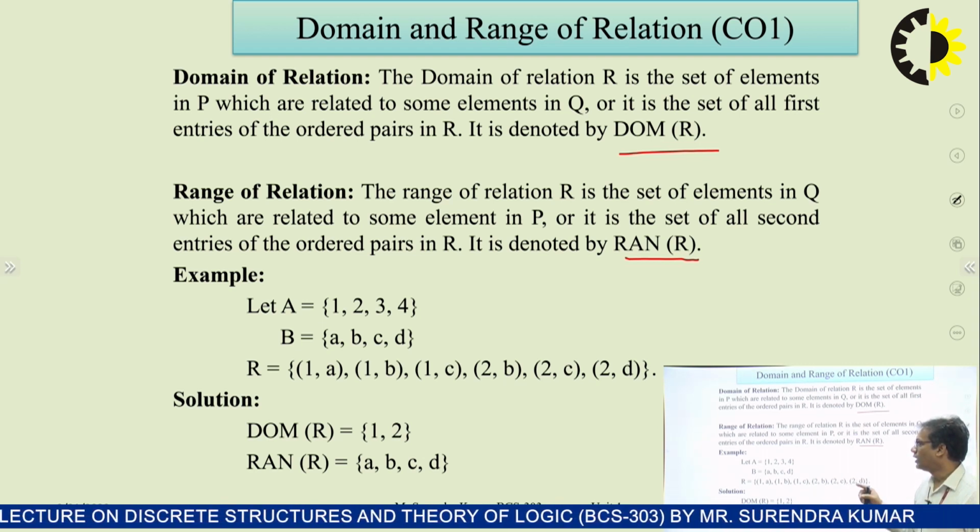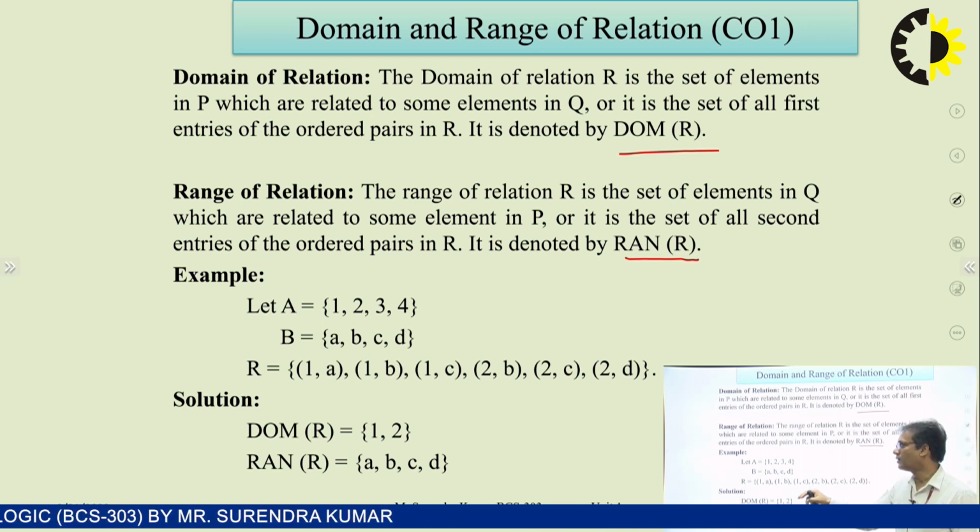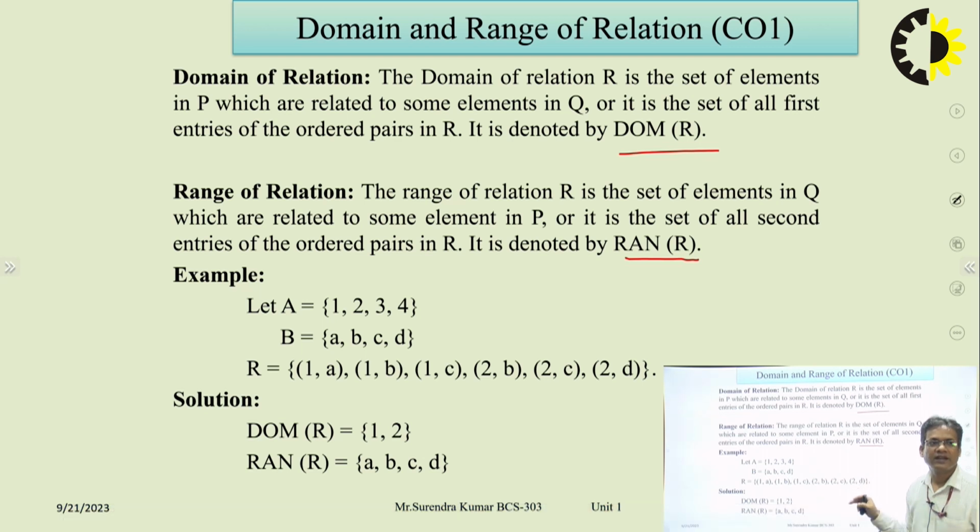For example, let A be the set {1, 2, 3, 4}, which has 4 elements, and B be the set {A, B, C, D}, these 4 elements, and some relation R is given on some conditions that are not defined here, but the relation is this. How can you find the domain of that relation? As I have told you, take the first element of each ordered pair: here 1, again 1, again 1, then 2, 2 and 2. That means you have only 2 elements from the first set, 1 and 2.